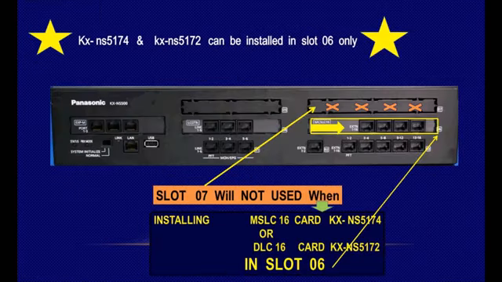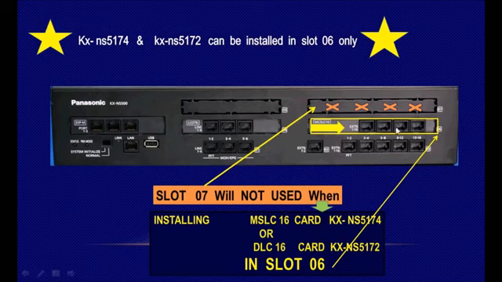Please be careful when using MSLC 16 or DLC 16. These cards can only be connected in slot 06. In this case, slot 07 cannot be used at all, as the figure indicates and as we said before. Main unit comes with 16 single line telephones.